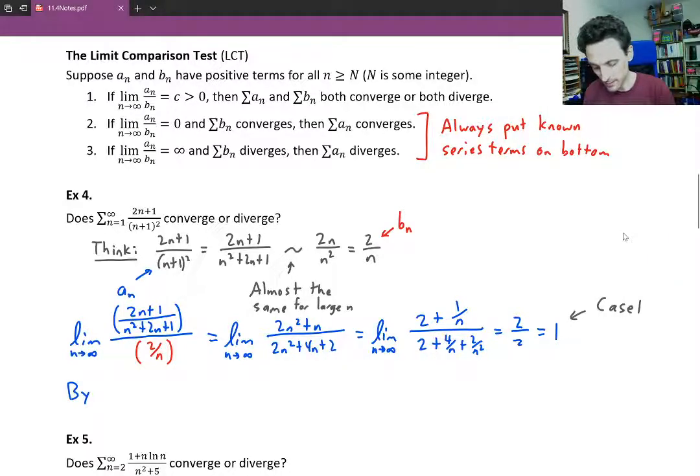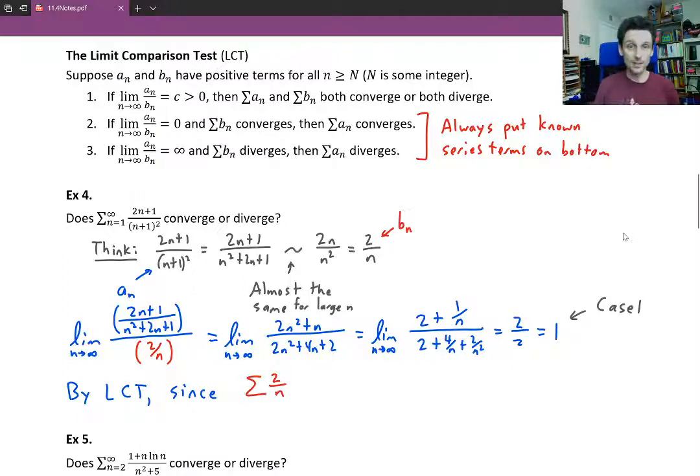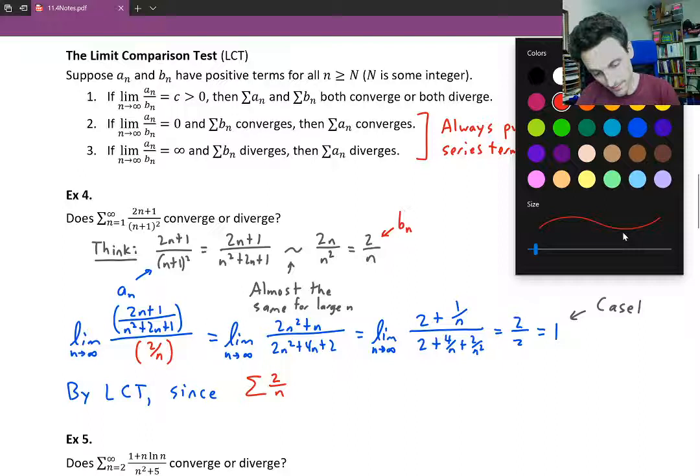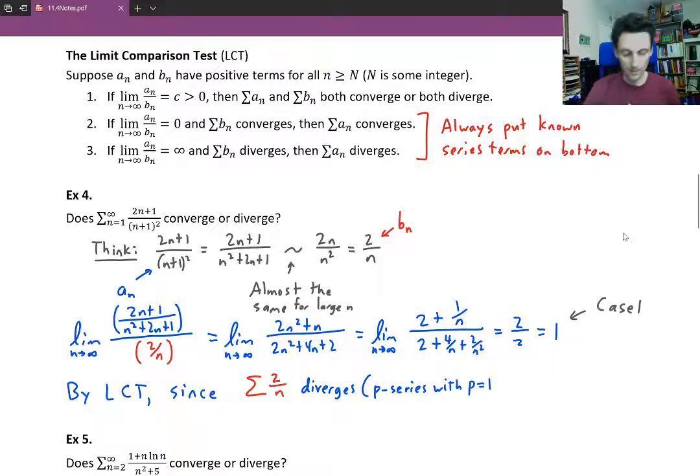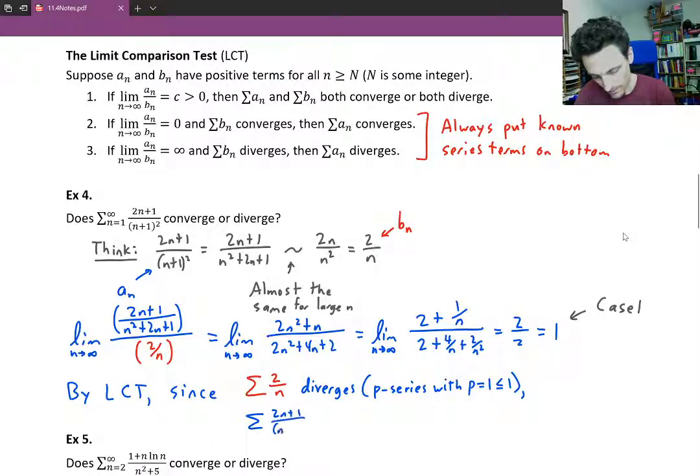So what we can say is, by the limit comparison test, since the series 2 over n diverges, being a p-series with an unfortunate p-value, we know that our series, and I'll write it the original way it was presented, also diverges.